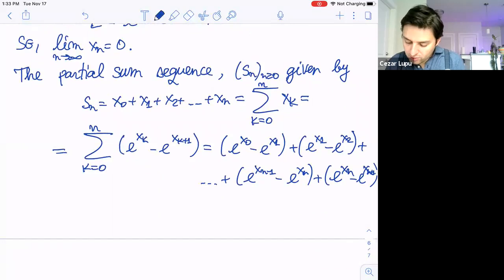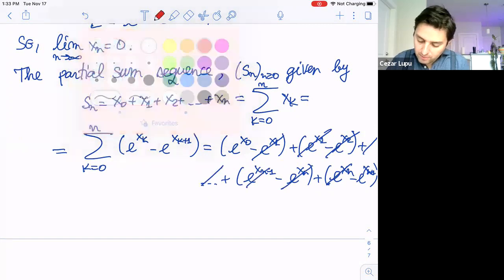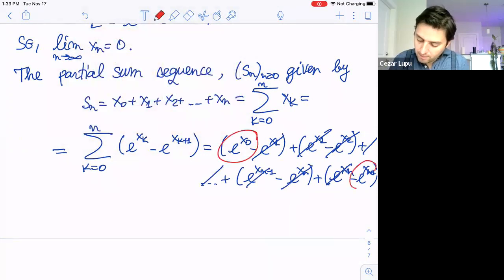As you can see, all of them just go away. This goes with something from here, this goes with this one. And the last two terms that stand up are these two guys, right?